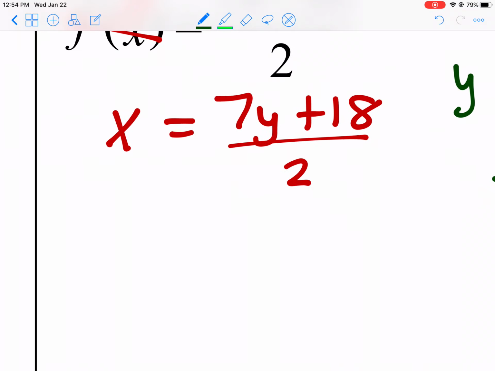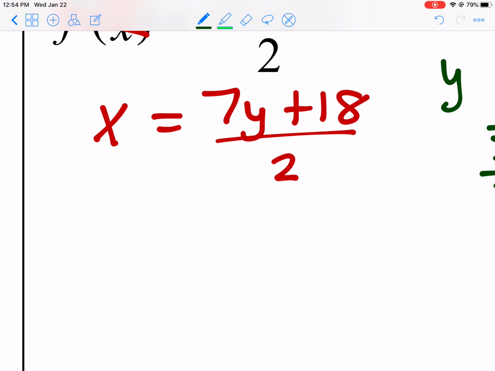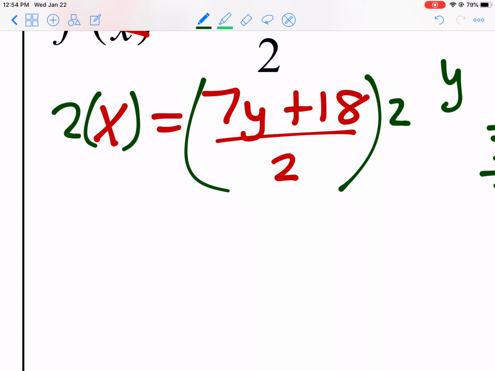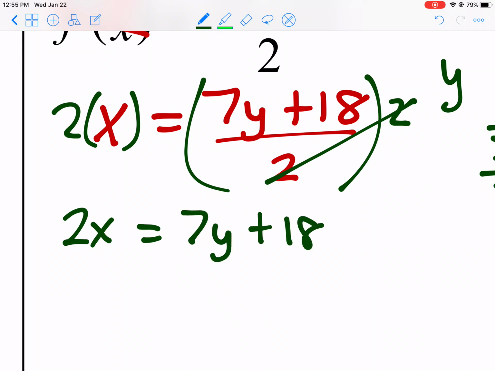Okay, let me show you algebraically how we do this. So I want to get rid of this denominator, so what I'm going to do is multiply both sides of the equation by 2. If I multiply one side of the equation by something, I have to do the other side, and then it's all fair game. So on the left we get 2x. On the right, this 2 and that 2, they will cancel each other out. 2 times something with a denominator of 2, they just cancel each other away when we simplify, and we're left with 7y plus 18.